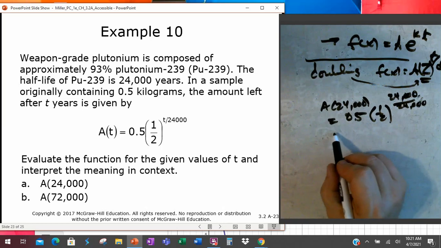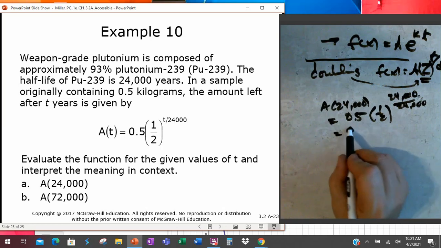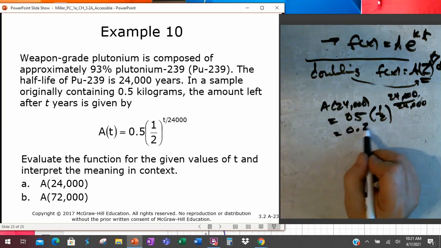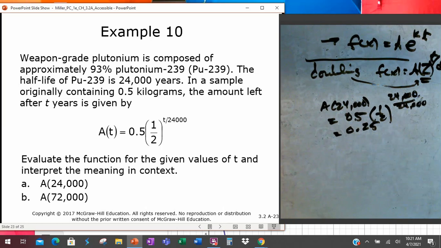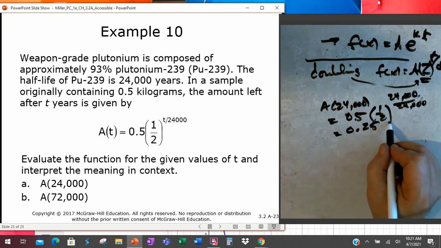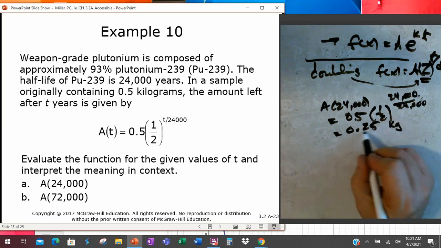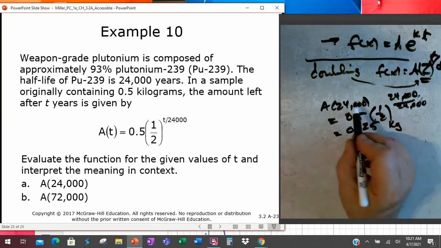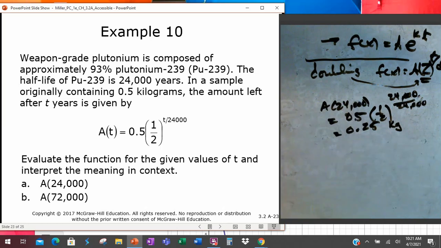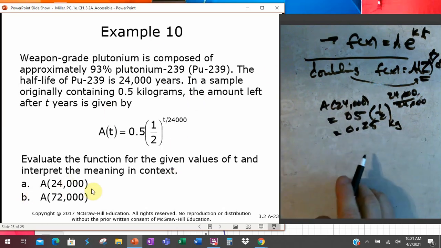So 0.5 times 1/2, or 0.5 over 2, would be 0.25. So you would only have this many kilograms left in 24,000 years. This needs to be in years as well.